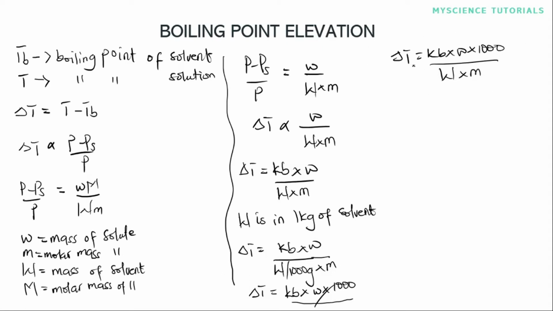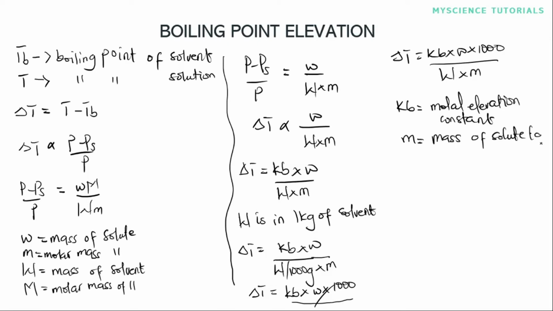So this now becomes our formula for boiling point elevation, where we are saying our delta T over here is the boiling point elevation. Our Kb is the molar elevation constant. And small w over here is the mass of solute, in grams.